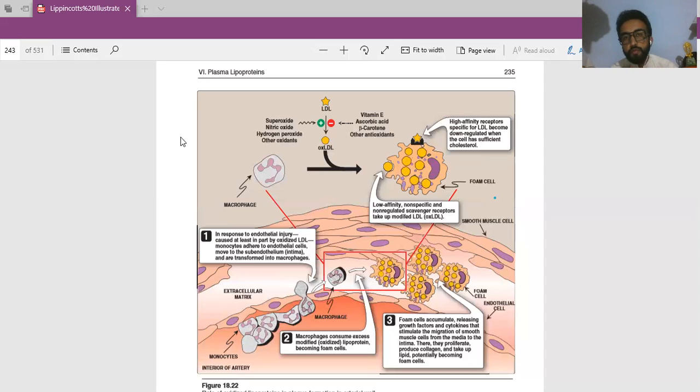When they move to the periphery of the blood vessels, they then stick to the endothelium of the blood vessel, and then we will see what is the rest of the mechanism, that how atherosclerotic plaque is formed. So now the second reason is the increased level of low density lipoprotein.